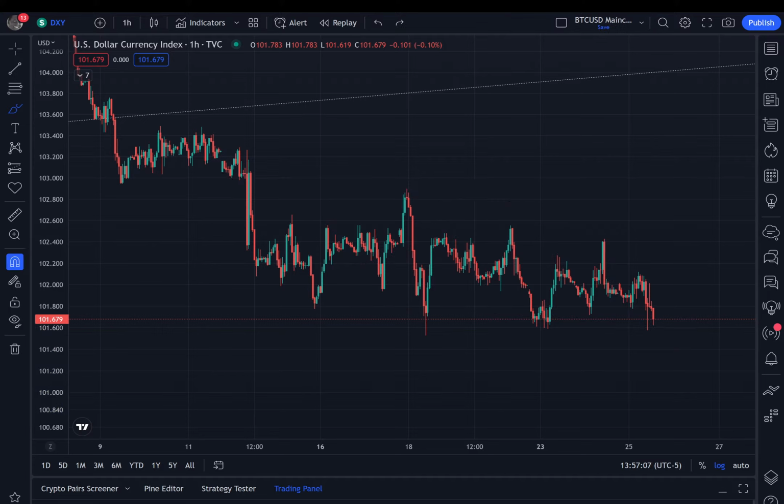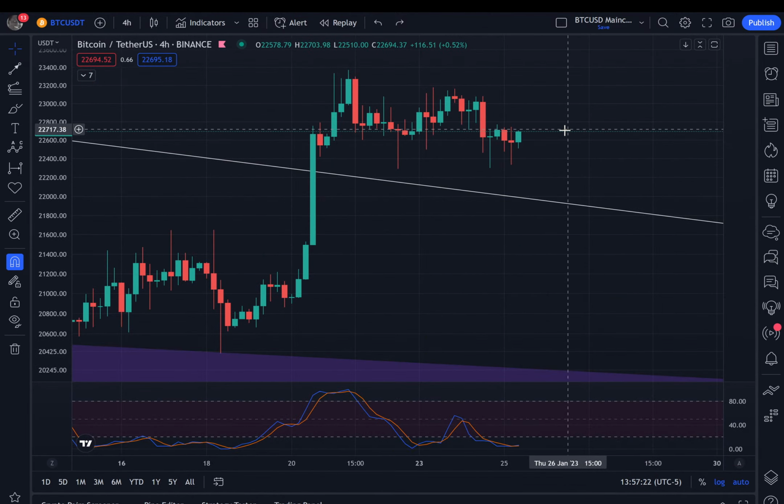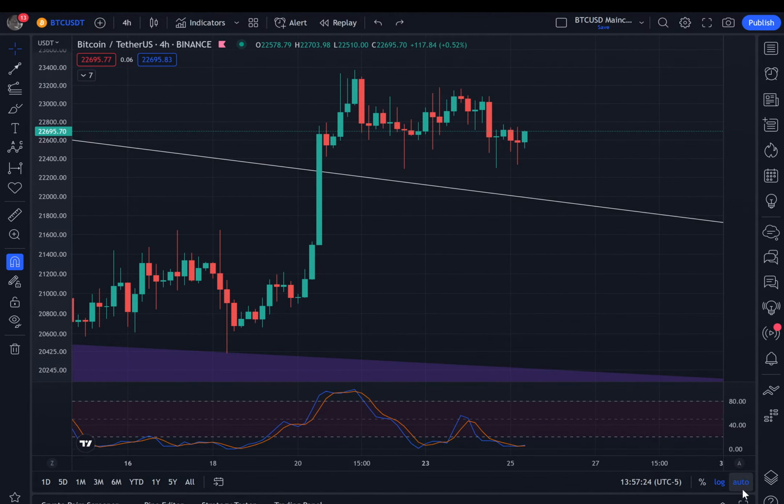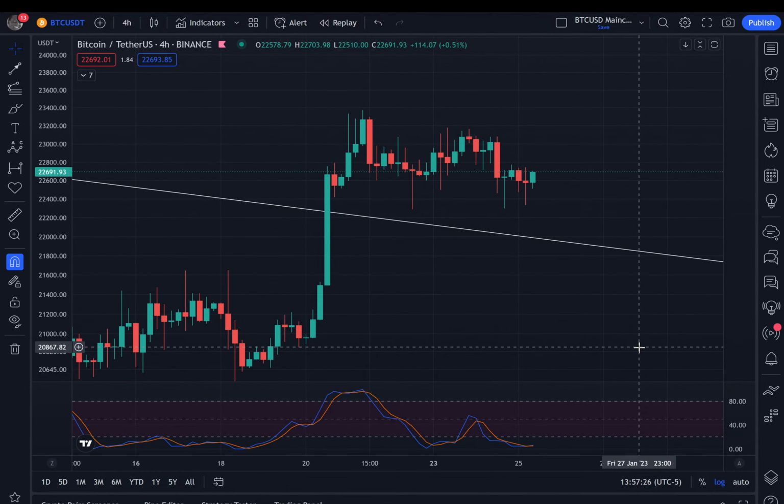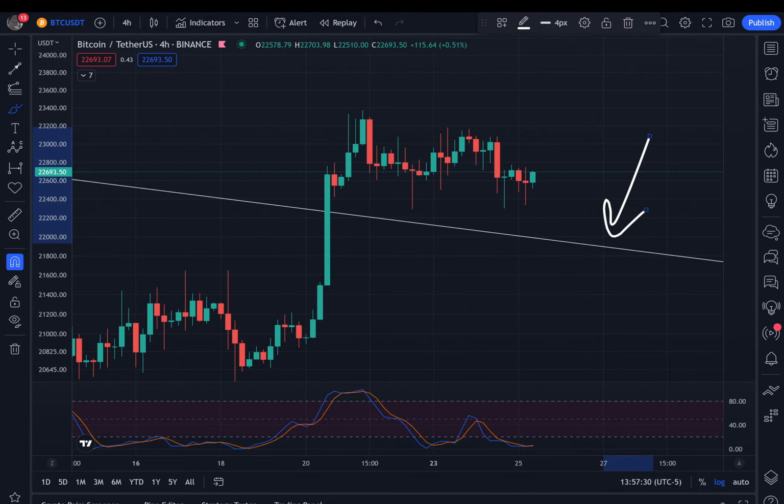So yeah, I believe that is actually going to happen sooner than later. So I wouldn't be surprised if this breakdown coincided with a breakout in Bitcoin. As we know, Bitcoin is at a crucial support level, okay? This line, don't forget, represents the downtrend since November of 2021. 434 days of bear market price action downside, okay?